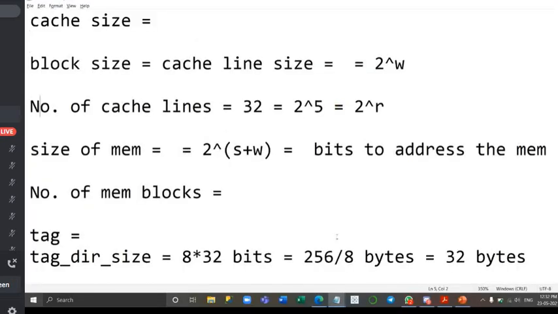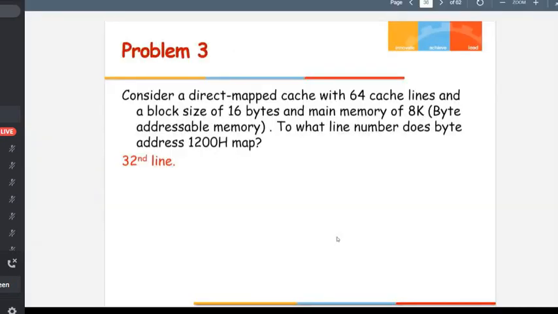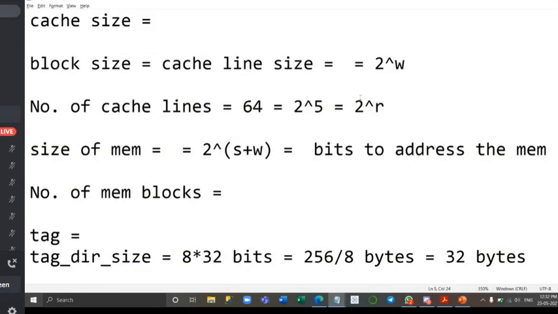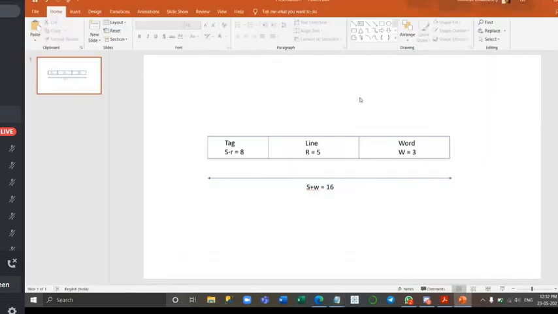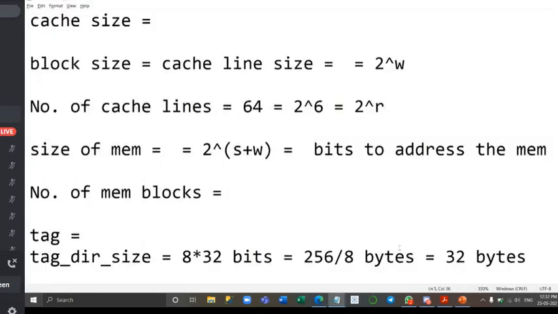My number of lines in cache is 64. Now I know the number of lines of cache is equal to 2 to the power r. 64 is 2 to the power 6. And my r becomes 6.